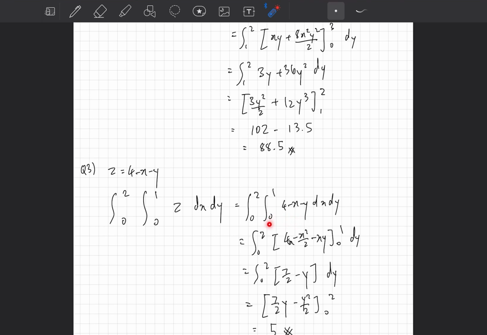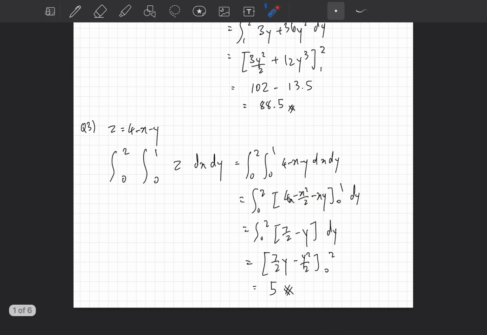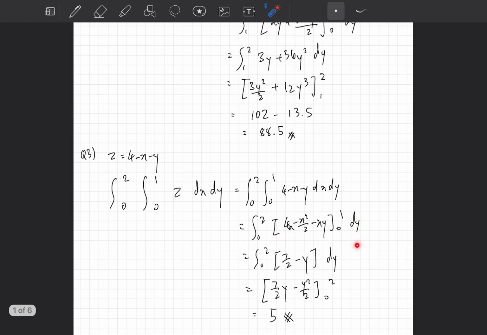First, we integrate z first from 0 to 1 with dx and get the answer of 4x minus x squared over 2 minus xy. Then we integrate again with y from 0 to 1 and get the final answer 7 over 2 minus y. Then integrate y from 2 to 0, then get the final answer of 5.